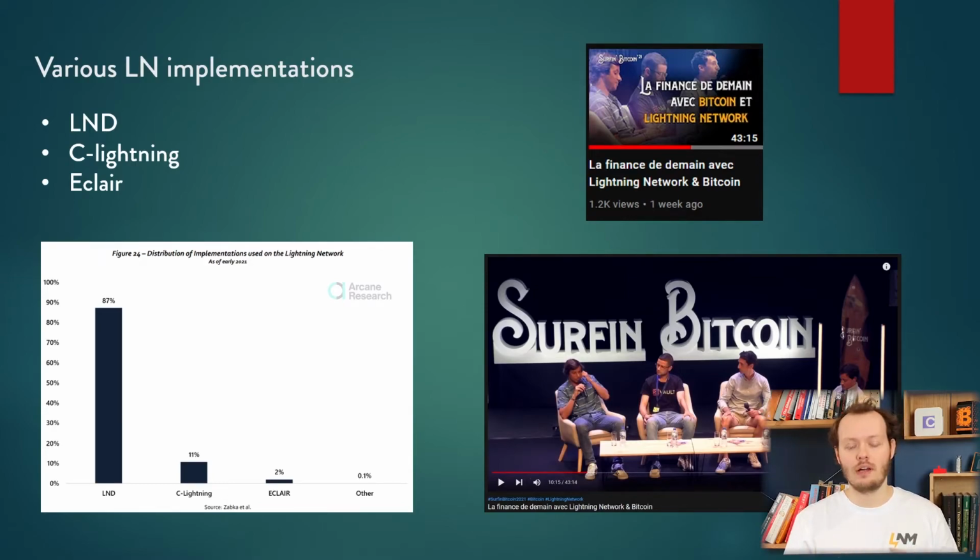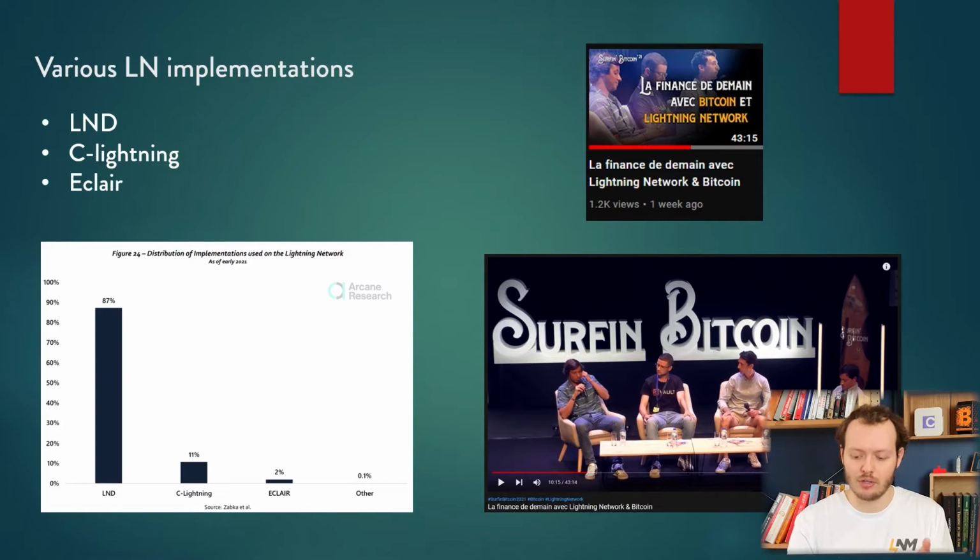Again, there are going to be details in the description, but the three implementations are LND, C-Lightning, and Eclair. Eclair is created by ACINQ, which is a French company, and so they have the biggest node in the network, and they are working on the Phoenix wallet, which is probably one of the best, if not the best, Lightning Network wallet to make it easy.